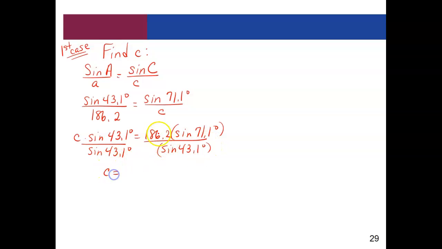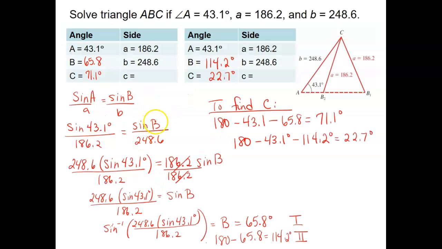All right, so we'll put all of this in our calculator, and when we do, we're going to get 257.82 as the length of side C. So I'm going to go back and put that in here. 257.82. So we've now finished this triangle. We just have to go and finish this other triangle here.